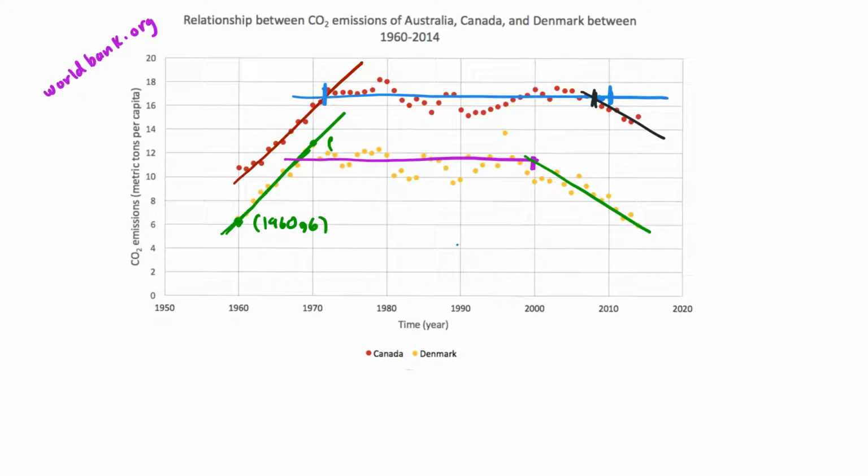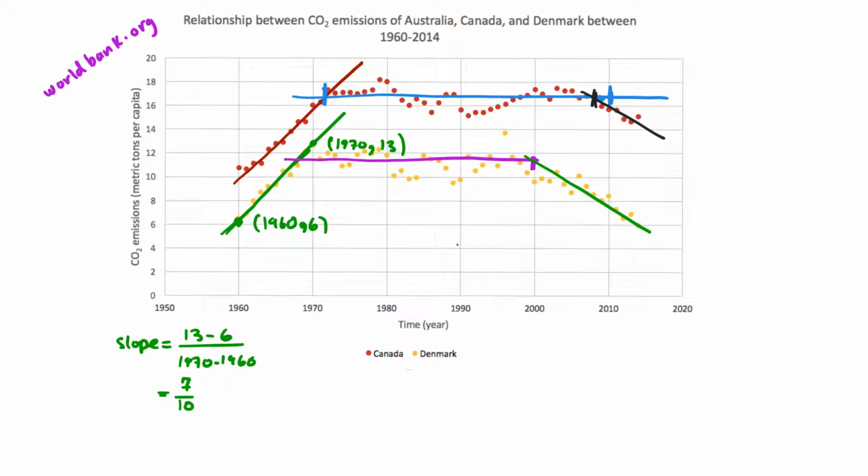And this point over here, which is approximately 1970, and the emission of approximately 13 metric tons per capita. If I were to find the slope for that line, it would be 13 minus 6 divided by 1970 minus 1960. That would give me approximately 7 over 10 as my slope.